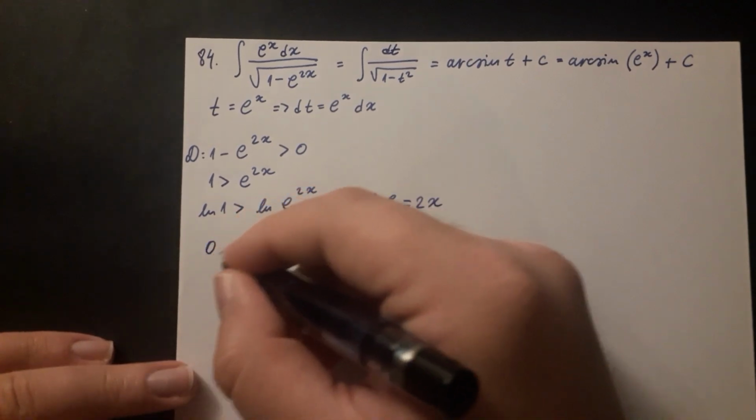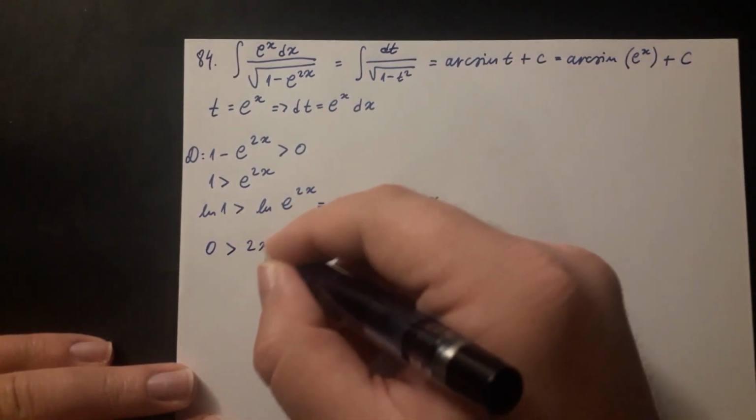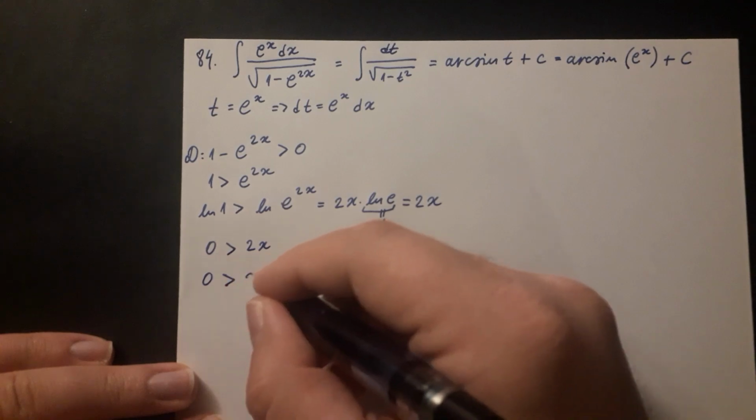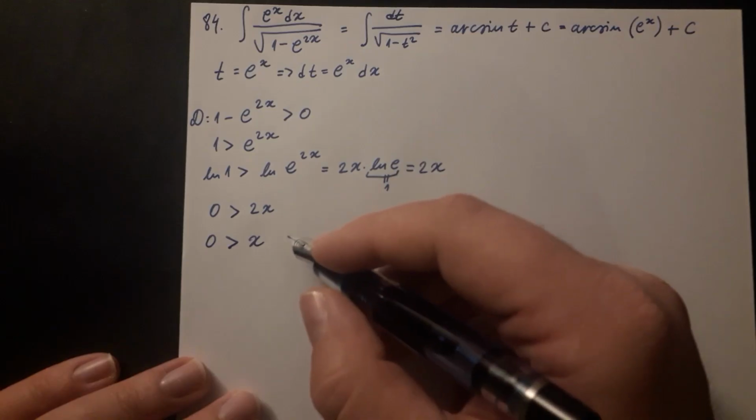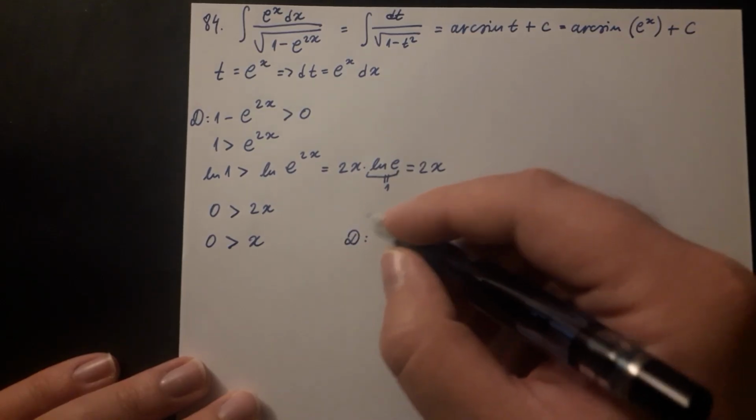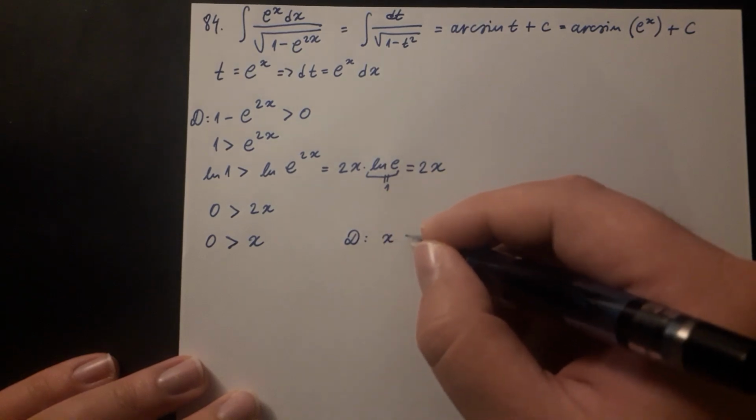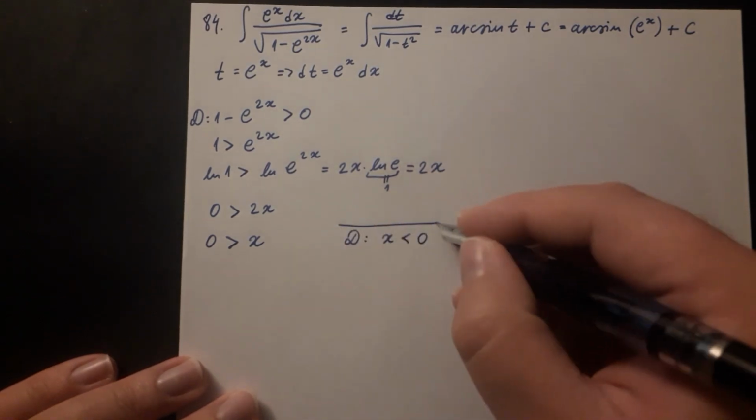That means that 0 is larger than 2x, and that means that 0 is larger than x. Well, that means that the area in which this integral is defined is for all x's which are smaller than 0.